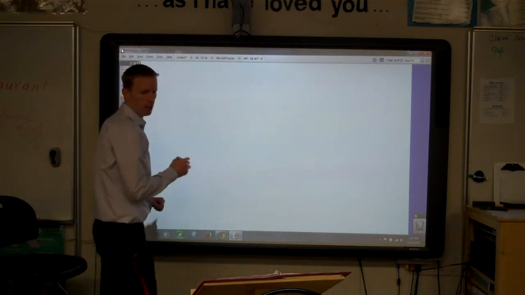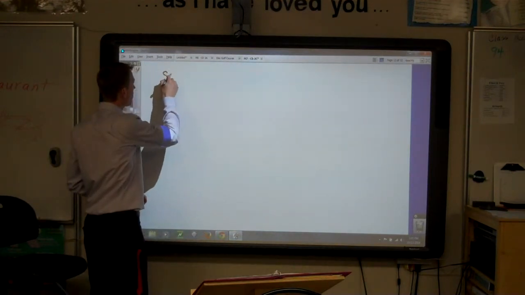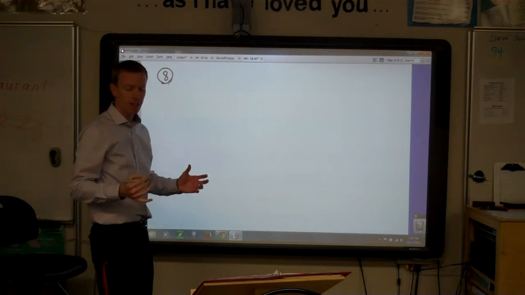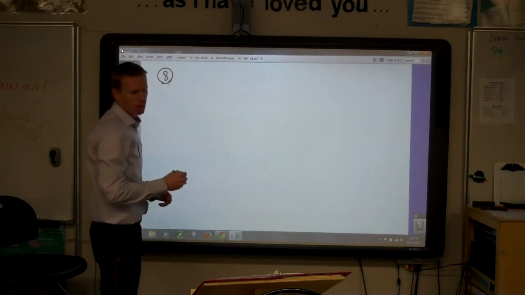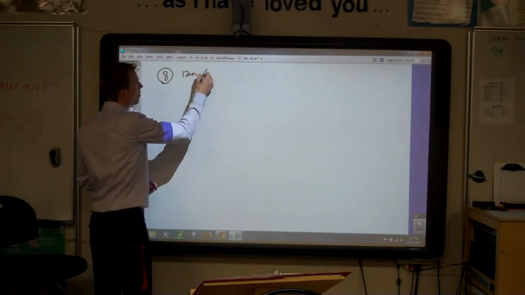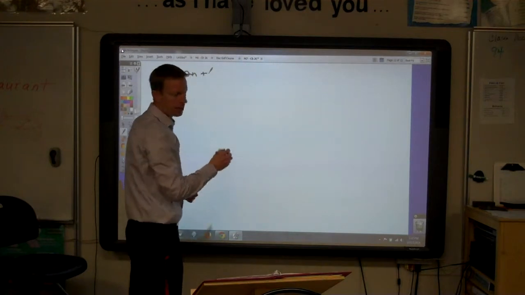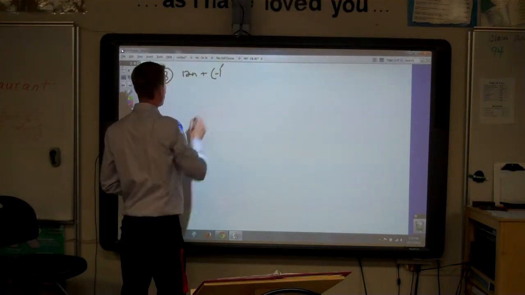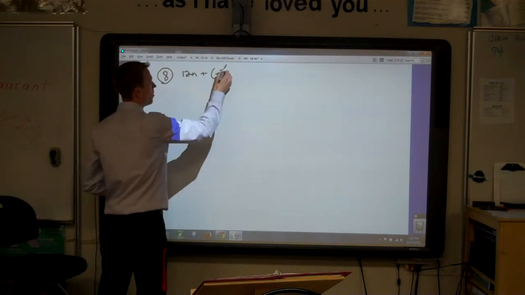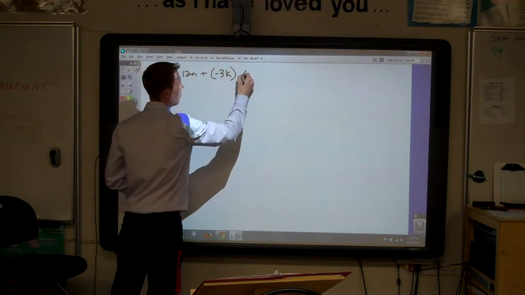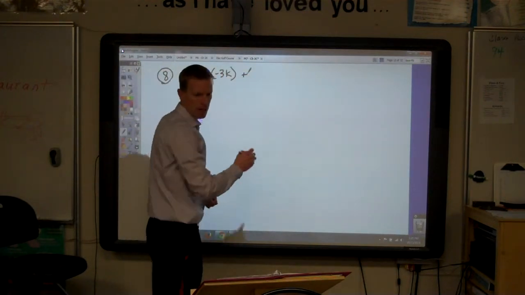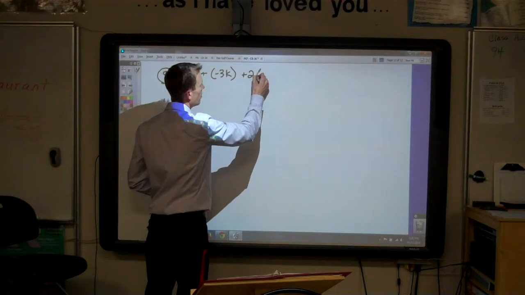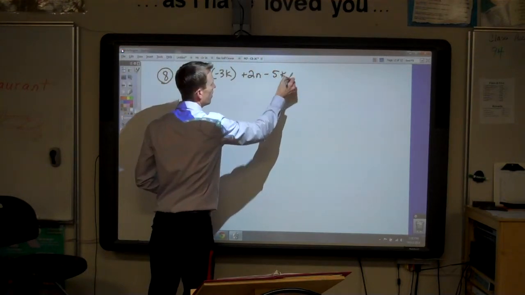Number 8. You're combining like terms. Remember, like terms have to look exactly alike. So, you've got 12n, negative 3k, plus 2n, minus 5k.